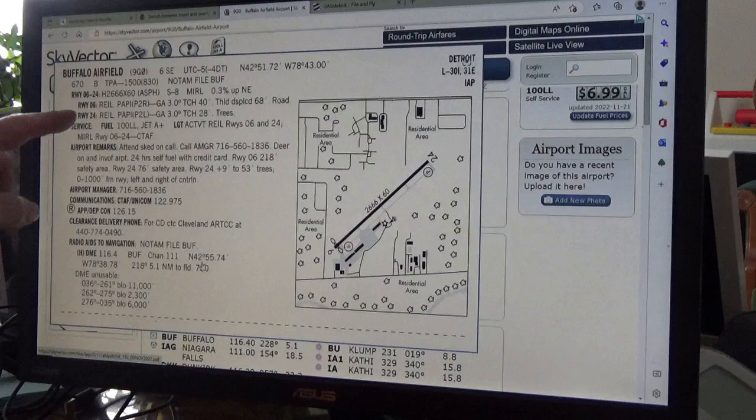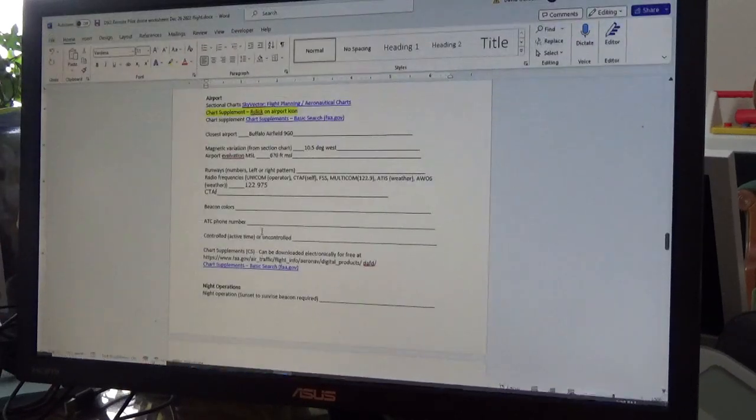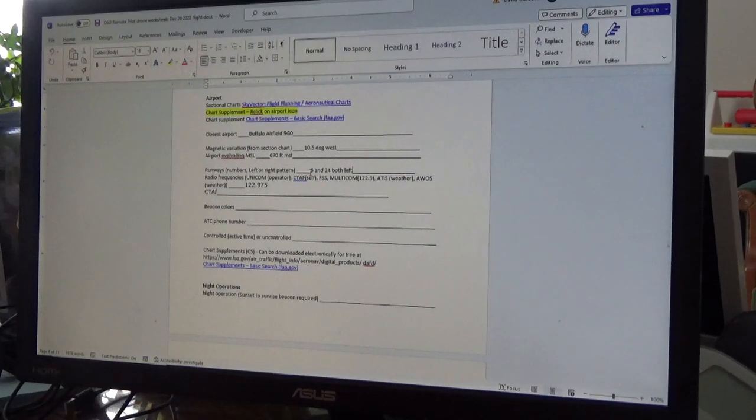Runway 6 and runway 24, both left patterns. And it's necessary because there's going to be planes flying around, so it's good to know where they're going and what part of the flight path they're in for the air park.